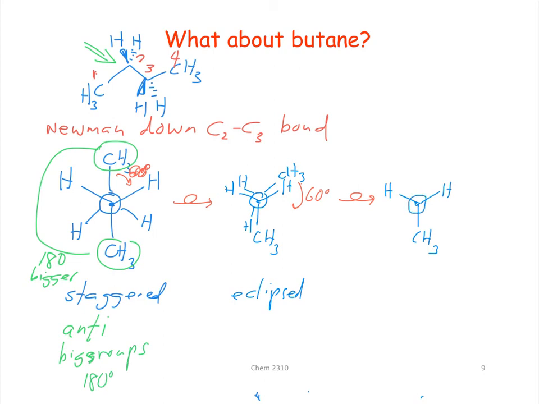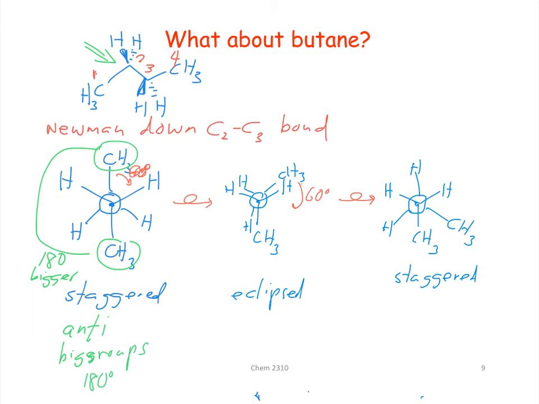We always know that if it's staggered, we'll still have these three bonds, like that. So where should I put the methyl group on those three if we rotate it down? On the lower right, over here, right? Okay, so this is again staggered.